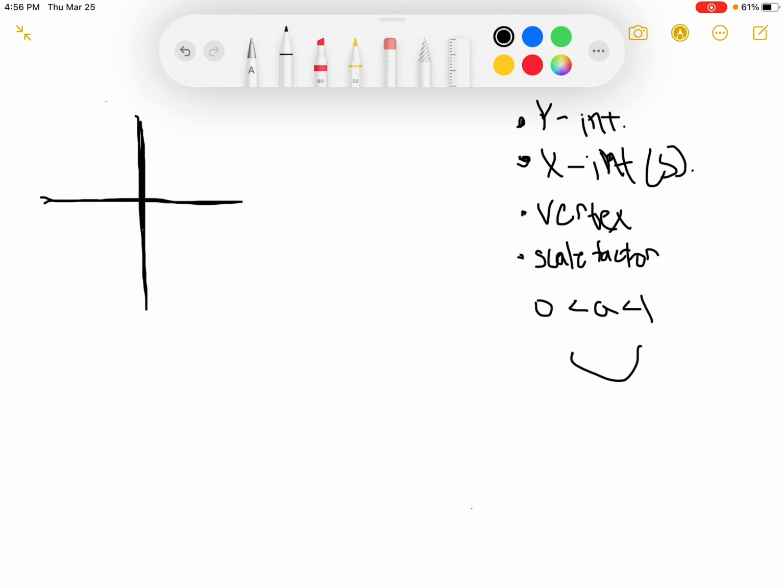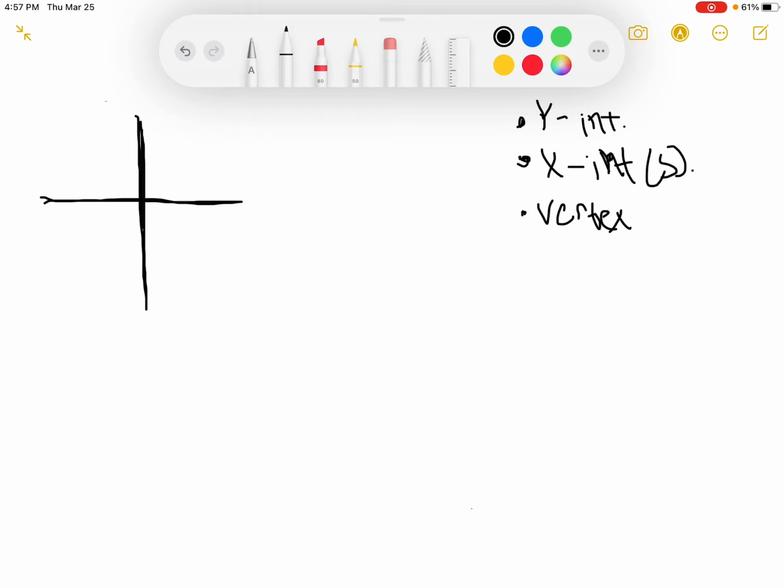And if it is less than 0 or greater than 1, then it's going to be more like a thin one, like that. We'll talk more about that in transformations, because that's basically what it is. So let's just erase this for now. These are the three things we'll be looking at.